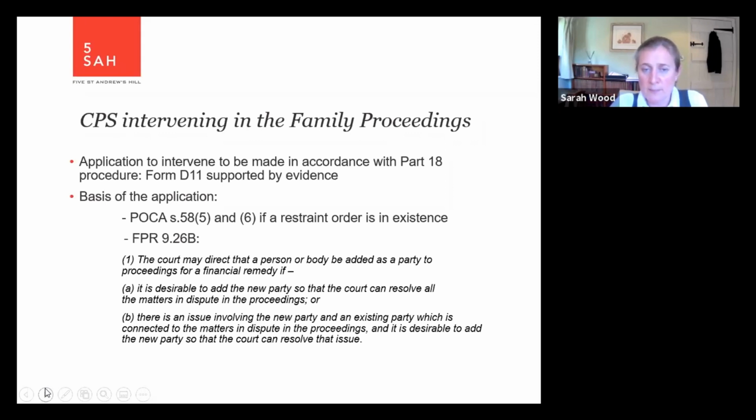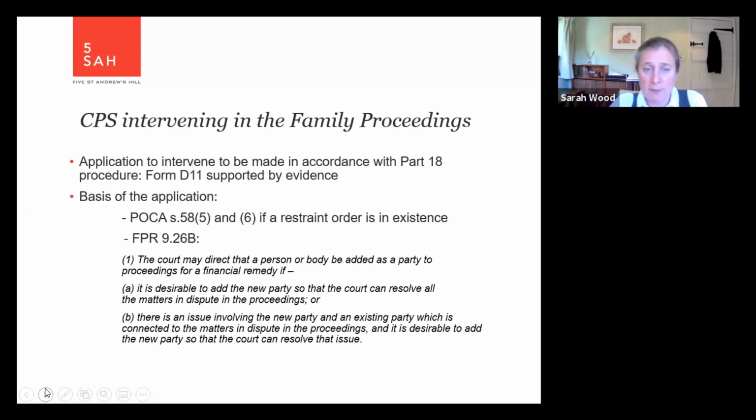Pausing there, it's important to bear in mind that if there is a restraint order in existence and a husband and wife are seeking to agree a consent order, then they must notify the CPS of that intention. Otherwise, that consent order could be undone because the CPS had not been informed, within the provisions of POCA Section 58.